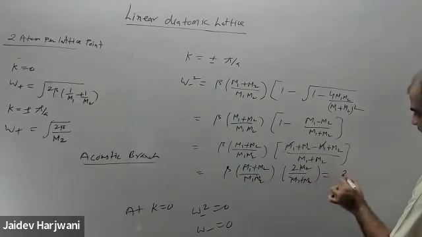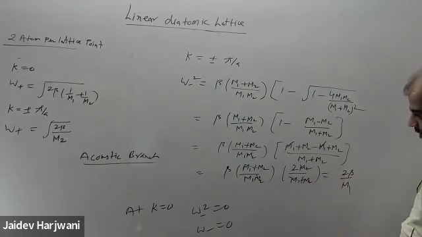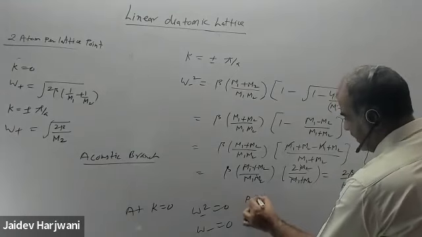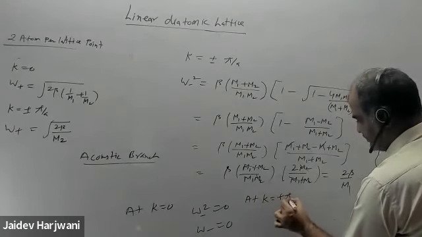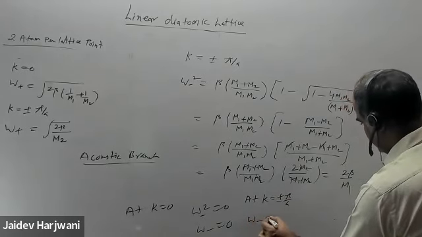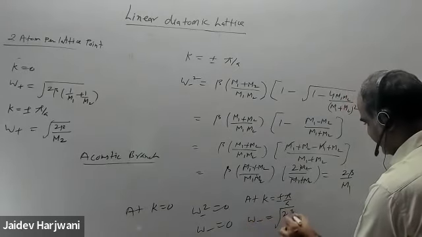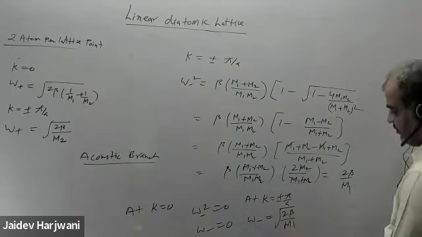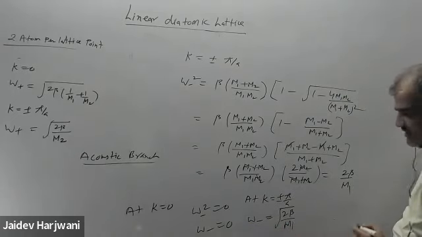So we have 2 beta over m1. So at k equal to plus minus pi by a, my omega minus value is under root 2 beta upon m1. So m1 is my heavier atom.